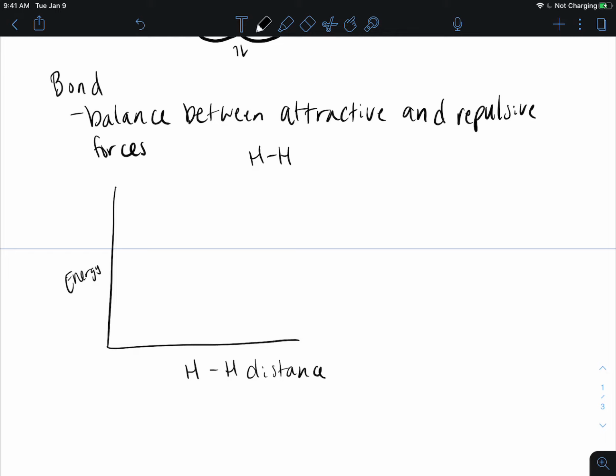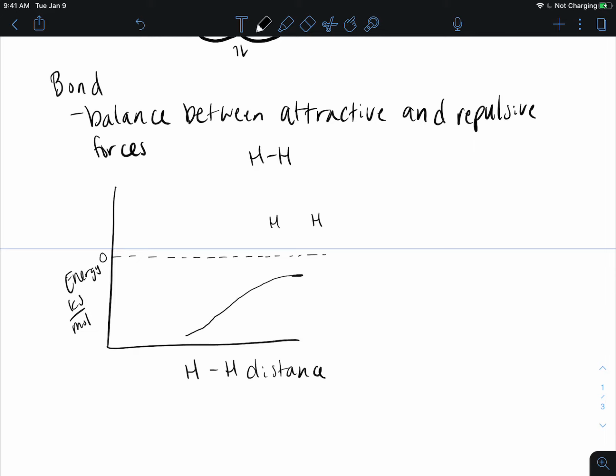If we are far, far away, if we're infinitely far apart, so our two hydrogen atoms don't feel attractive and repulsive forces, we have an energy value, which is less than 0. Okay? And then as those hydrogen atoms get closer and closer together, that energy goes down.